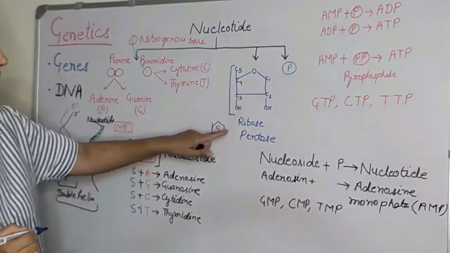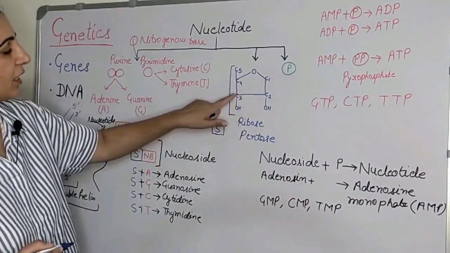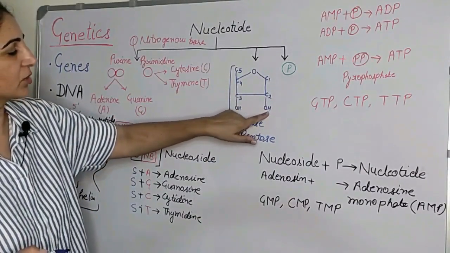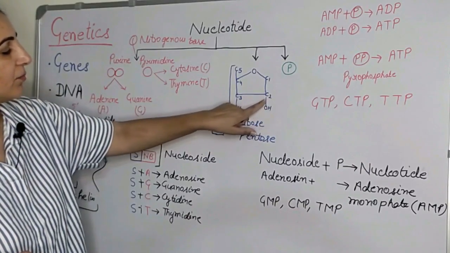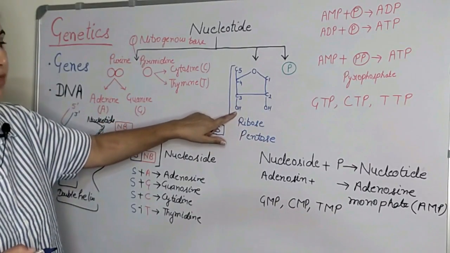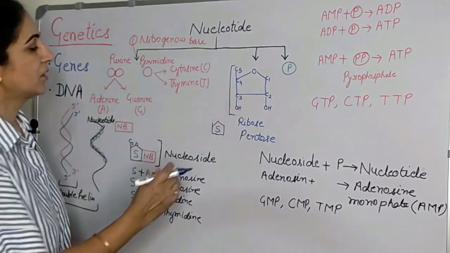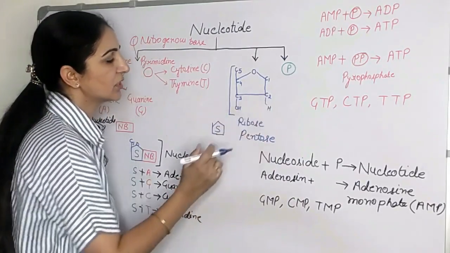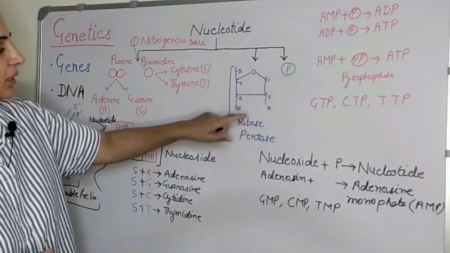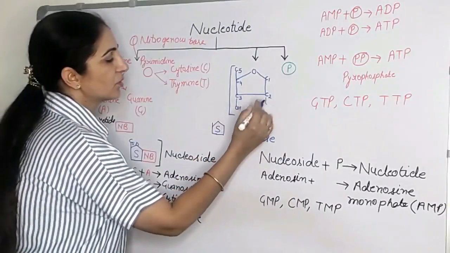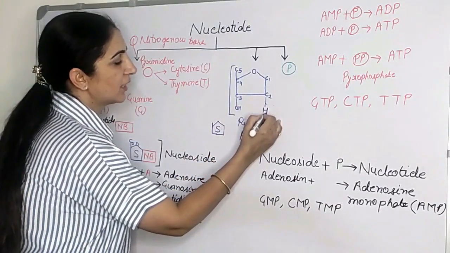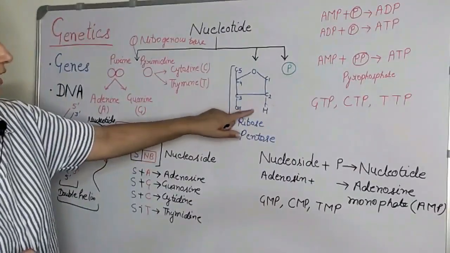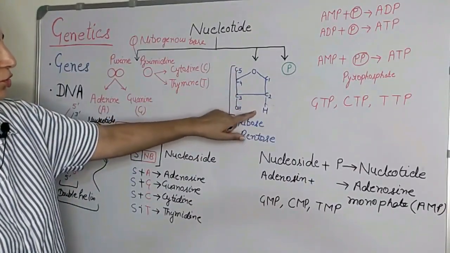Why do we say it's a ribose? It's the 5 carbon sugar with a hydroxyl group attached to carbon number 2 as well as to carbon number 3. Suppose we deoxygenate it, that is we remove one oxygen atom from carbon number 2. So now it's only a hydrogen atom here. So we have deoxygenated the ribose sugar.